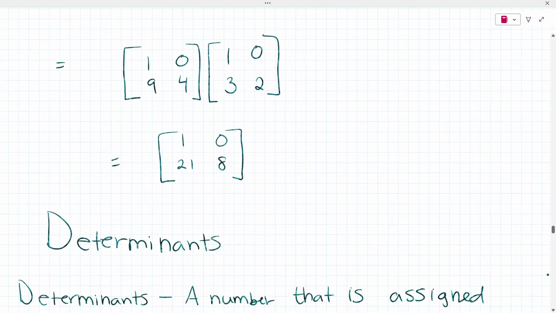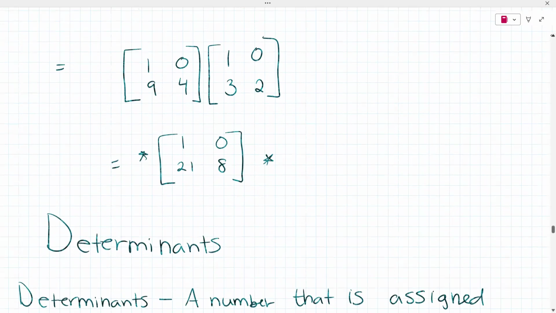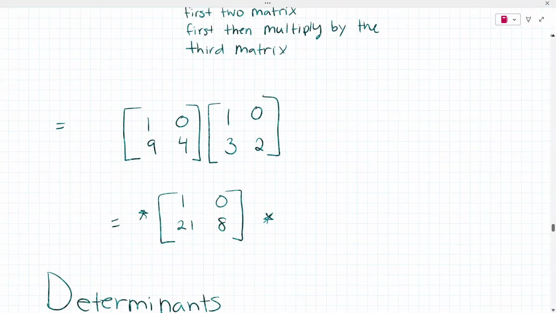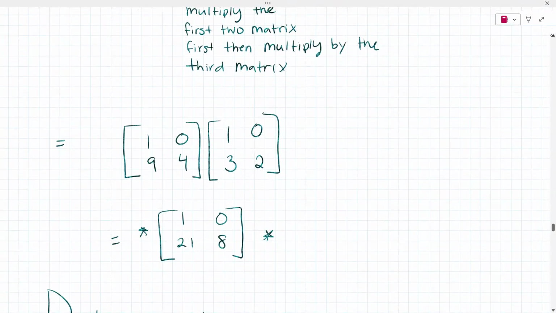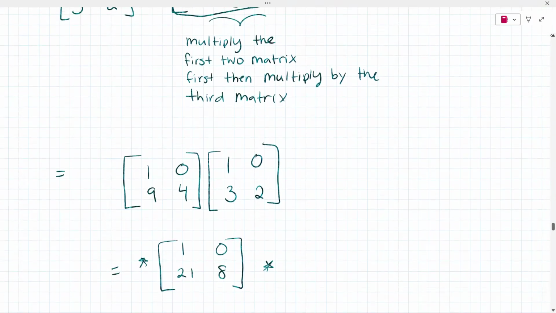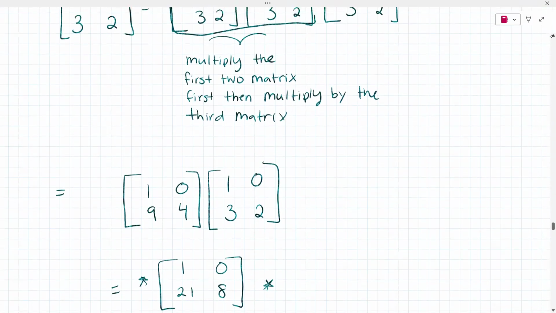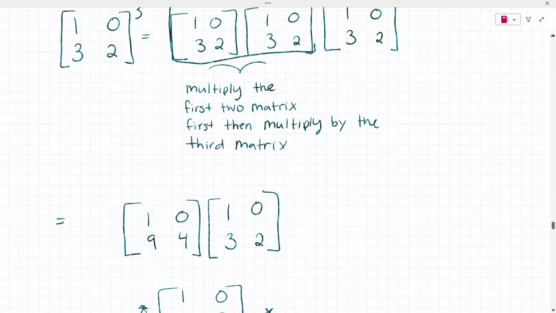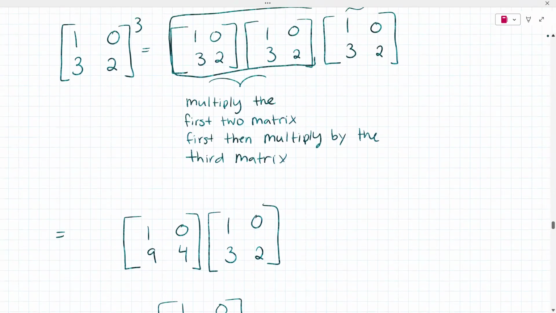Okay, so when you multiply it out, you get this matrix. I kind of did it for you. So yeah, multiply out these two matrices, and you get 1, 9, 0, 4, and then multiply this by 1, 3, 0, 2.